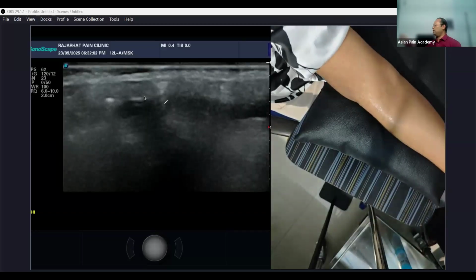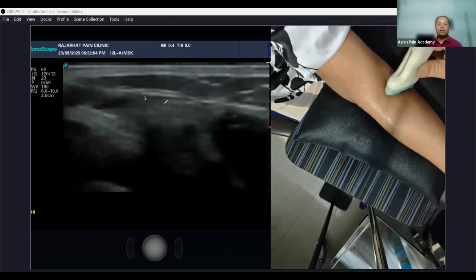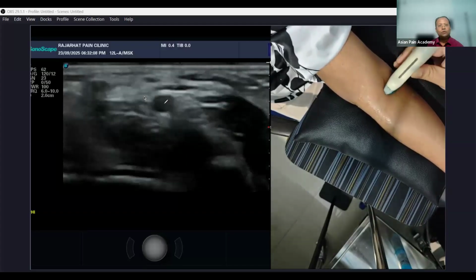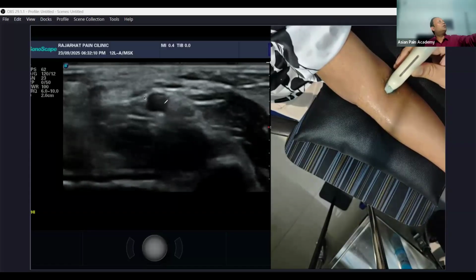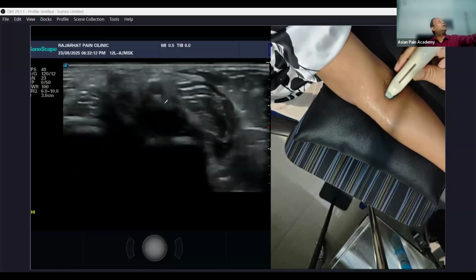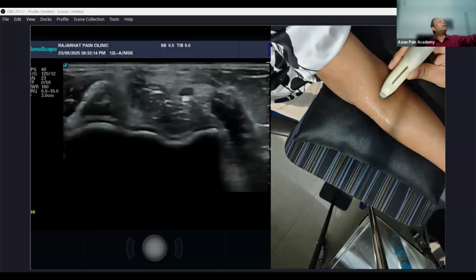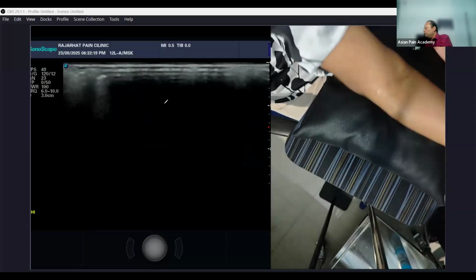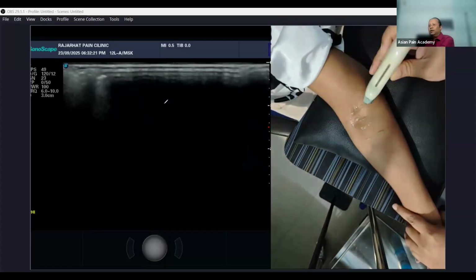Okay. I'm going to the flexor side. So in the flexor side, I'm just increasing the depth a bit. As last day, I showed you the common flexor tendon, a bit like this.